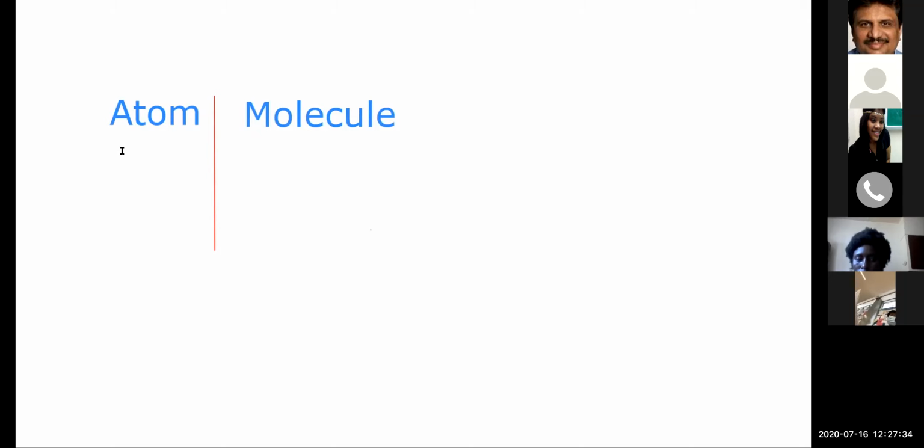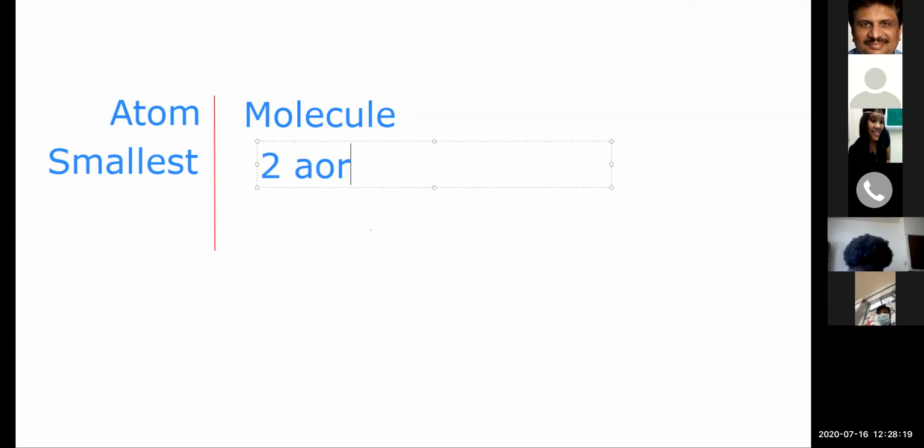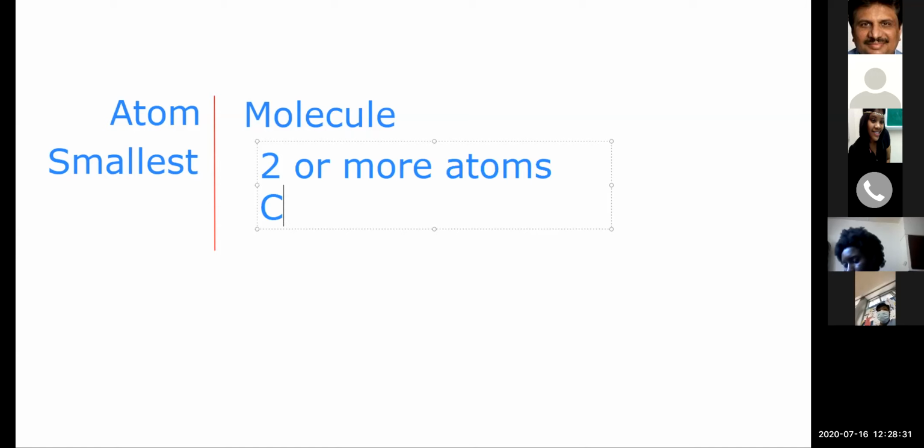So atom is the smallest particle of an element, whereas a molecule is formed when two or more atoms form a chemical bond.